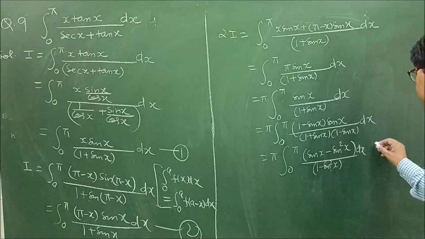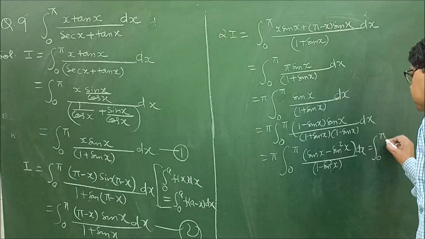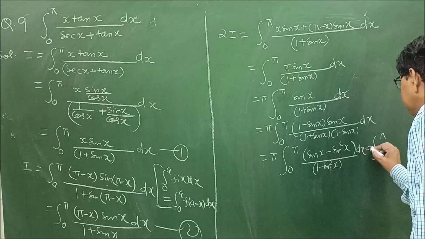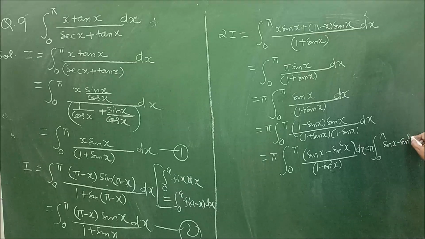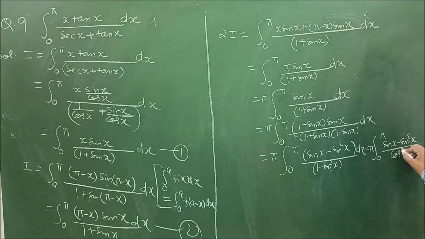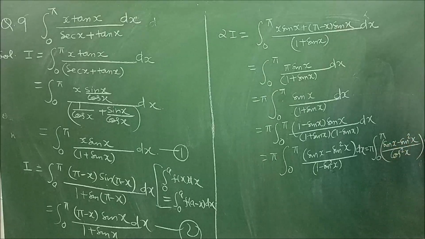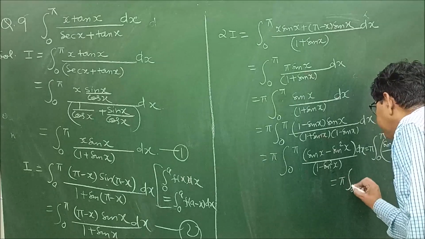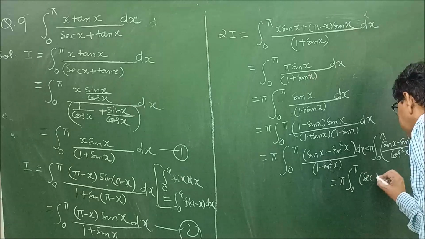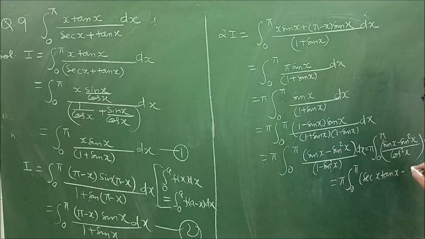So this is equal to pi outside, sin x minus sin square x upon cos square x dx. So sin x upon cos square x is tan x into sec x. So pi times 0 to pi of sec x tan x minus tan square x dx.